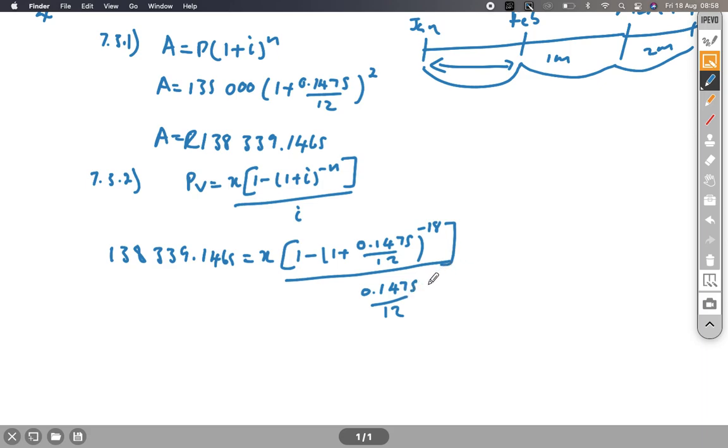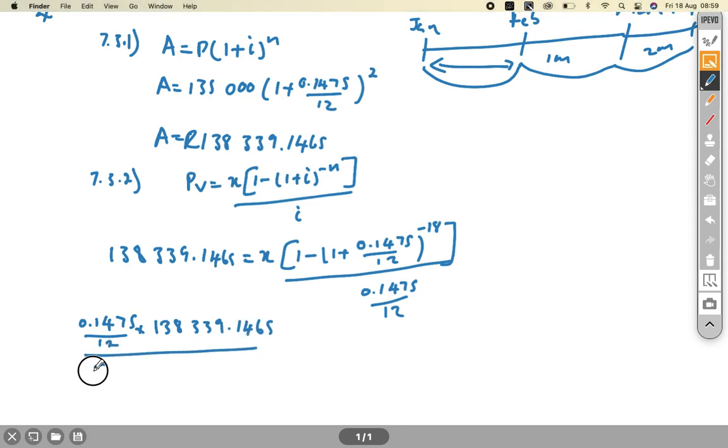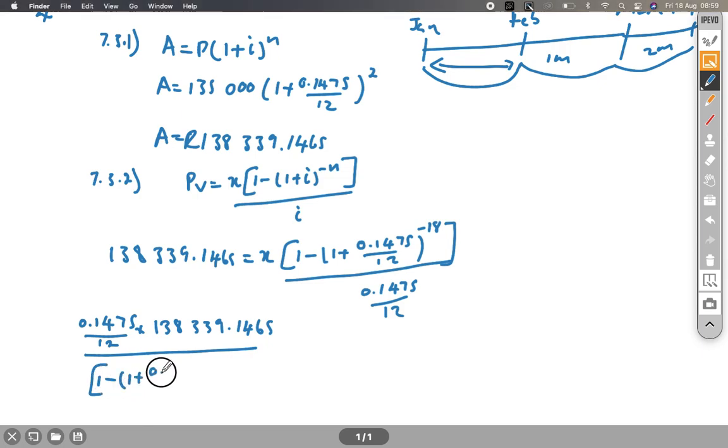So we're going to cross multiply and divide by the square bracket. So it's going to be 0.1475 over 12 multiplied by, then we divide by our square bracket, equals x.